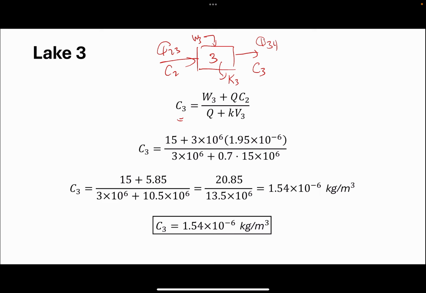It's W3 plus Q23 times C2 over Q34 plus K3 V3. And that would give you an answer 1.54 × 10^-6 kilogram per meter cube, which is 1.54 part per billion.